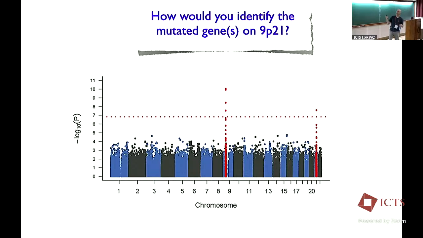So if I told you that the gene was somewhere on chromosome 9, how would you find the gene? What are some things you would do? With a cell, okay, so you would truncate chromosome 9. How do you do that?